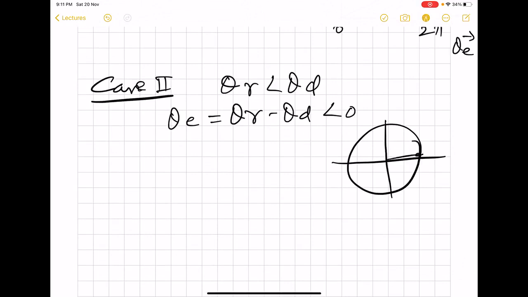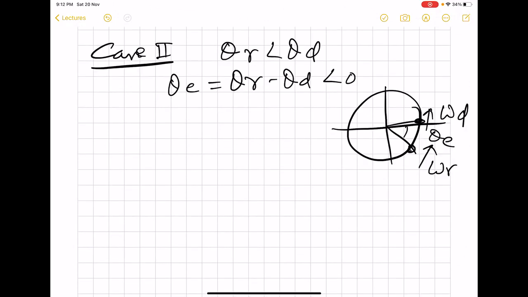That means say theta d is here. So the difference phasor is here, and the reference phasor is here, and this much of negative phase error exists. Now we have this type of waveform.